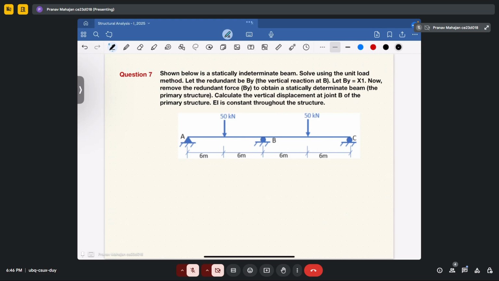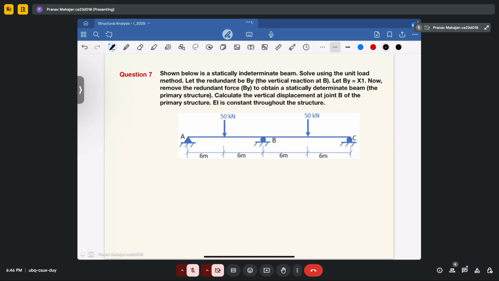Let By be equal to X1. Now remove the redundant force to obtain the statically determinate beam and then calculate the vertical displacement at joint B of the primary structure. So similar to question number 4 that we have done, we have to remove the redundant force and then solve them and determine the vertical displacement at the joint B.